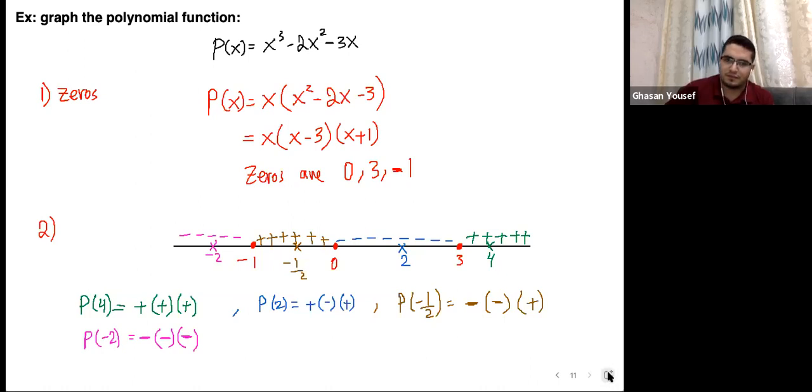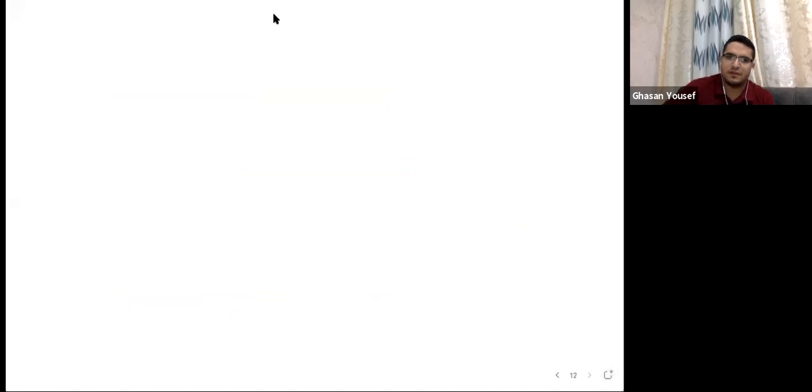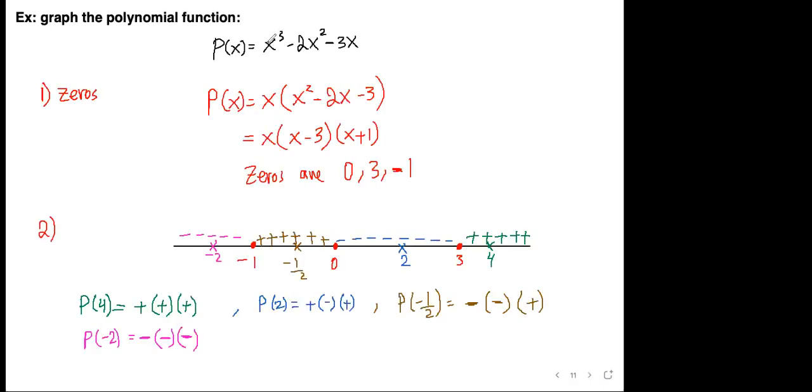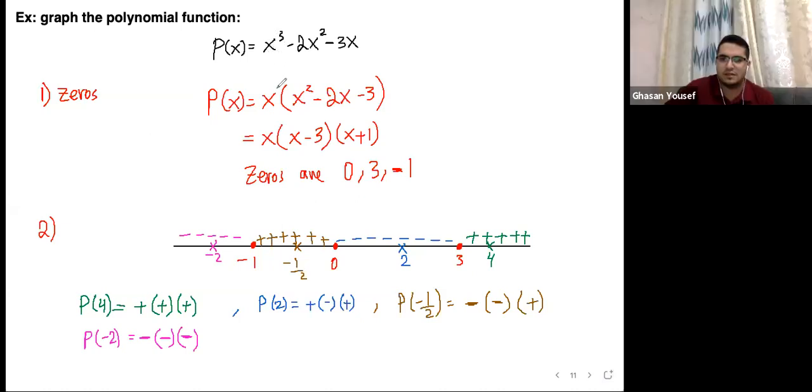Now the end behavior. Number 3, the end behavior. What is the leading term? It's 1 what? The leading term, not just the coefficient.